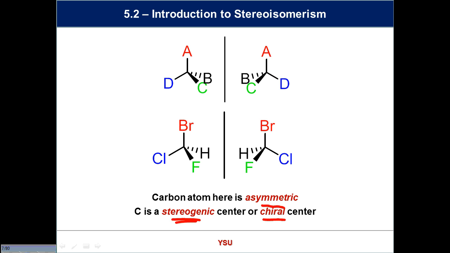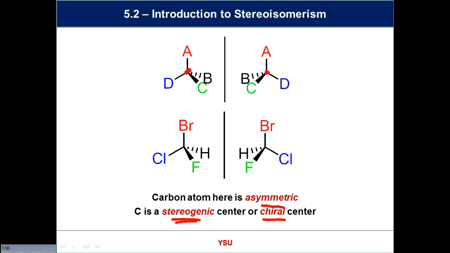So what we're looking for here, as is defined at the top, are 4 different things attached to that central carbon. The middle carbon is the chiral carbon. It is the asymmetric center. It is the stereogenic center. Those are all different words you should pick up for the future. But now I have a system in which I have A, B, C, D attached to that middle carbon. That is by definition a chiral center. You need 4 different atoms or groups.